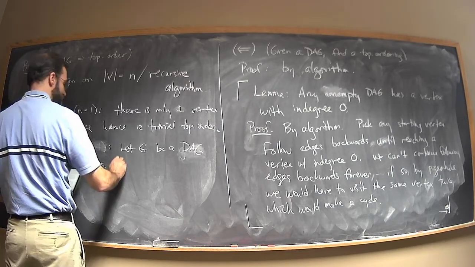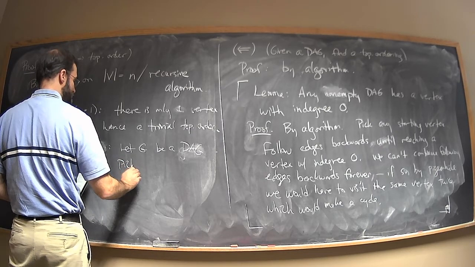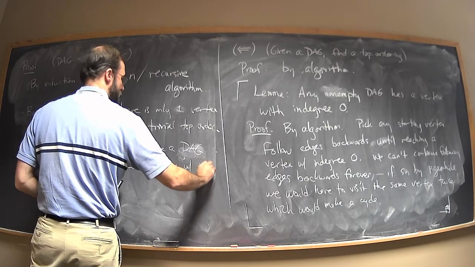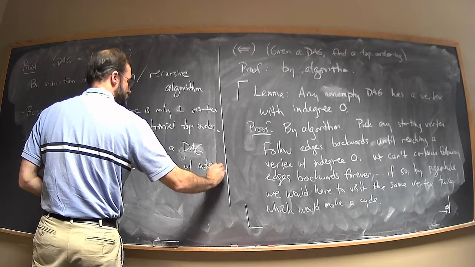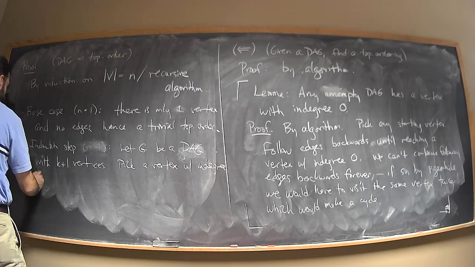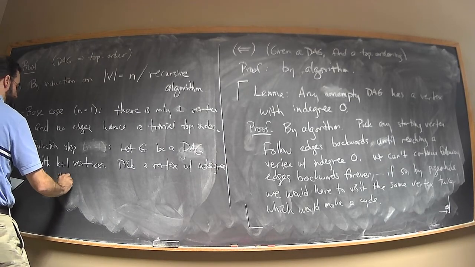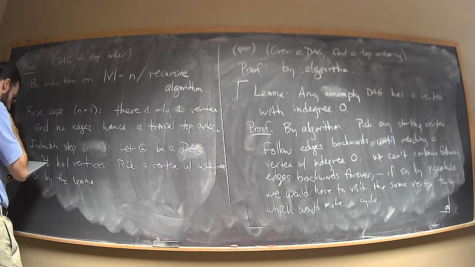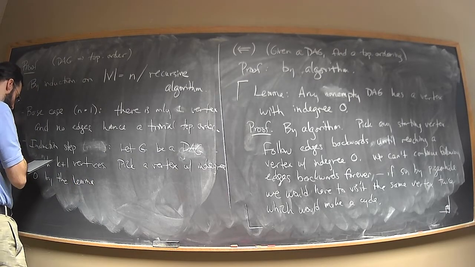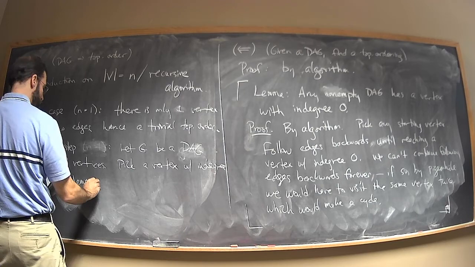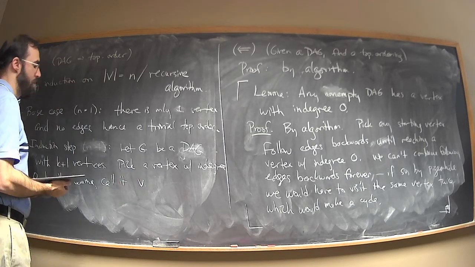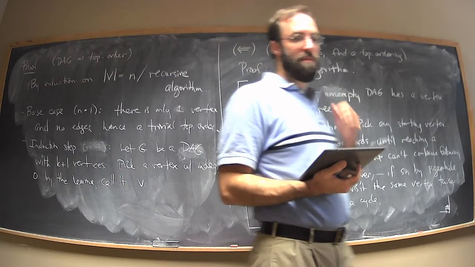So pick a vertex with in degree 0, by the lemma. We're going to call that vertex V, and that's going to be our starting vertex.